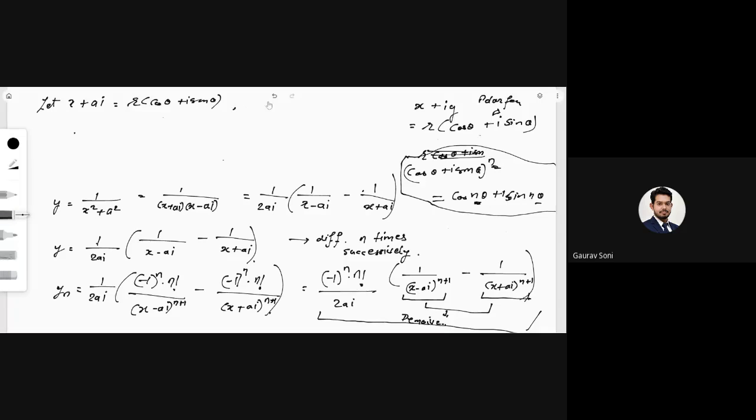So the conjugate of this, x minus ai, will be equal to r cos theta minus i sin theta.